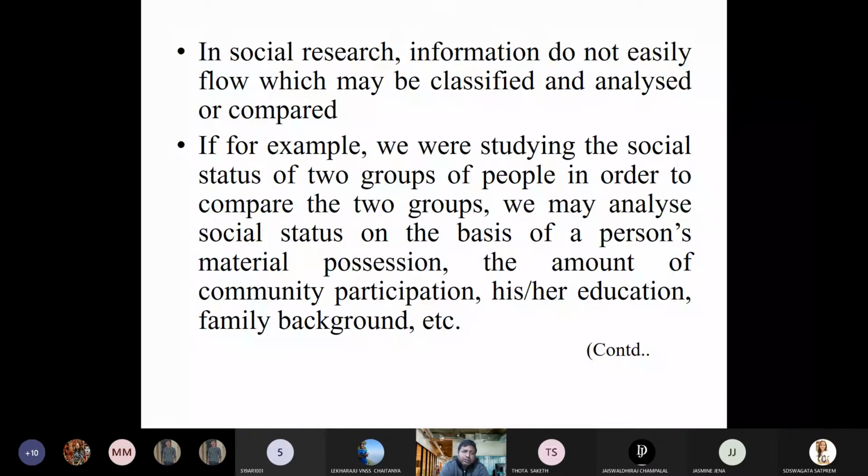Generally in social science research, information does not easily flow, meaning whenever we collect information from people, it is not straightforward. Suppose I ask, are you satisfied with your present job?